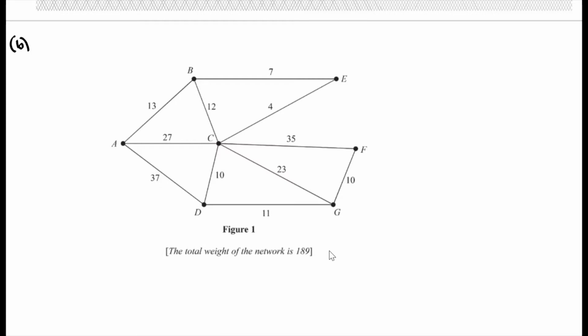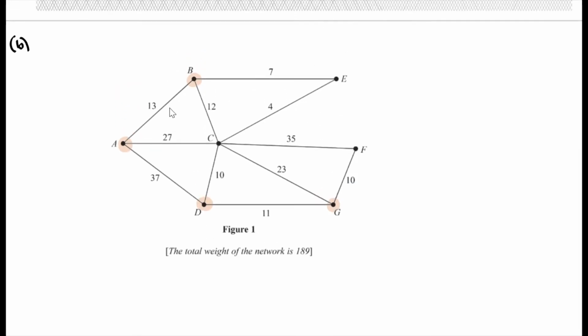Now, with the Chinese Postman, the first thing you want to do is label the odd vertices. So in terms of the odd vertices, you'd find we have A, that has order 3, B, that has order 3, D, that has order 3, and G, that also has order 3.